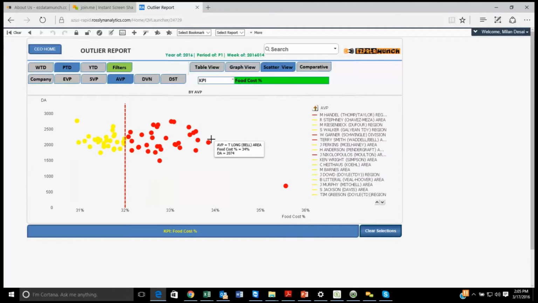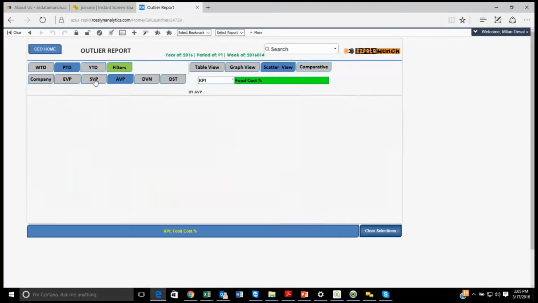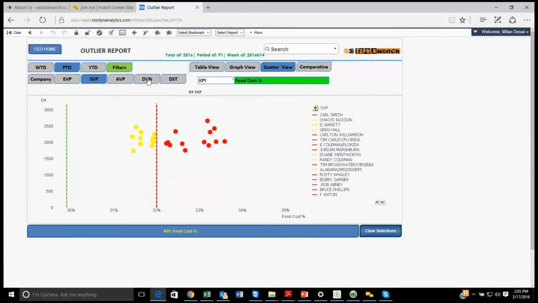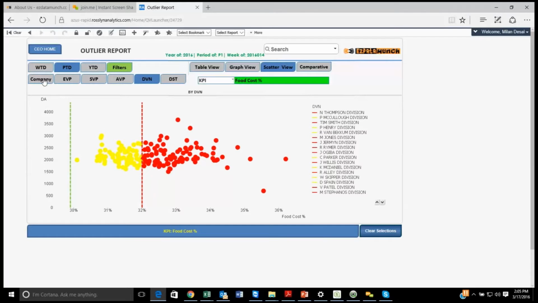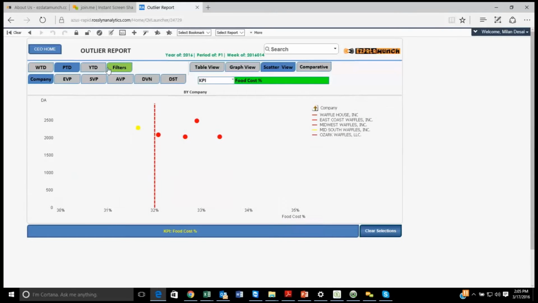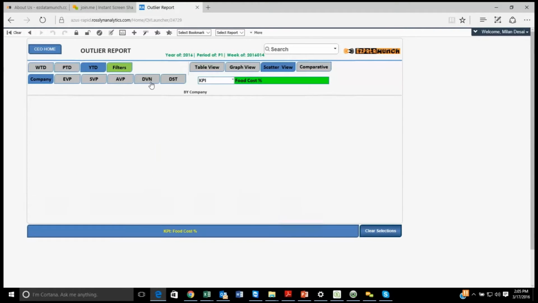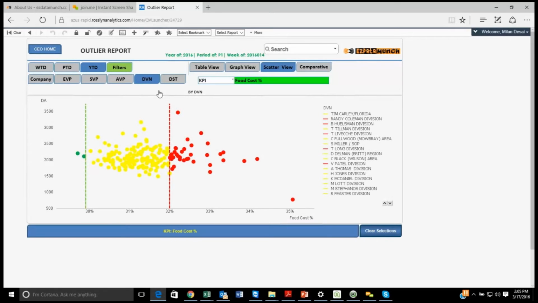So it's nothing that is difficult for you to look at. You can look at by people, you can look at by company, you can look at by year to date, and different other ways. So there are different ways you can look at this information.